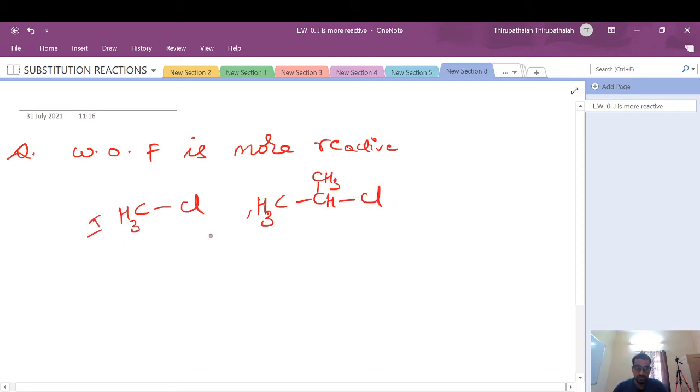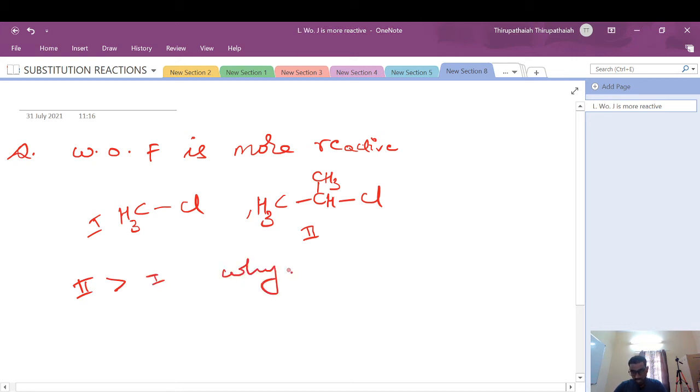This is compound 1 and this is compound 2. Now here compound 2 is more reactive than 1.